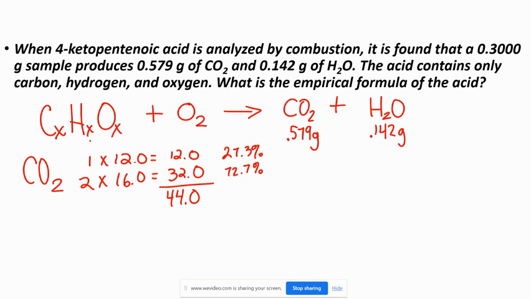So if I take these out of percent form and multiply them by this value, that's going to give me my grams of each. So I'm going to have 0.157 grams of carbon, and I'm going to have 0.421 grams of oxygen.